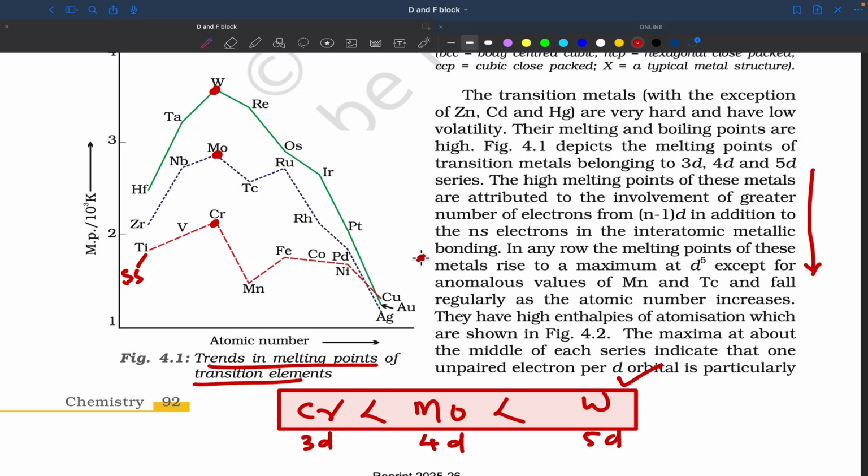So the density is increasing 1 to 2, 2 to 3, 3 to 4, then 4 to 5 decreasing, then a little increasing. You can check here, from here to here it has increased, then decreased, then increased. How do you relate the melting points of iron and manganese?